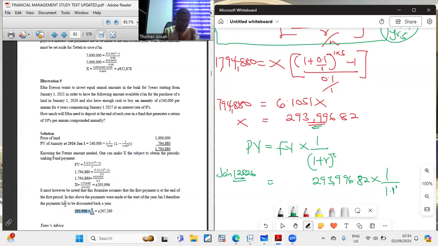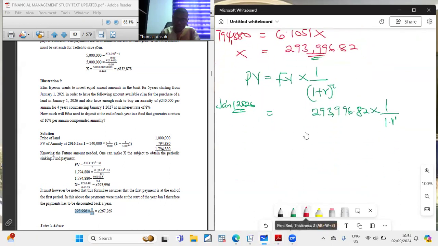Any number raised to the power 1 is the number itself. So my final answer is 267,269.84. All right, so basically that is that.